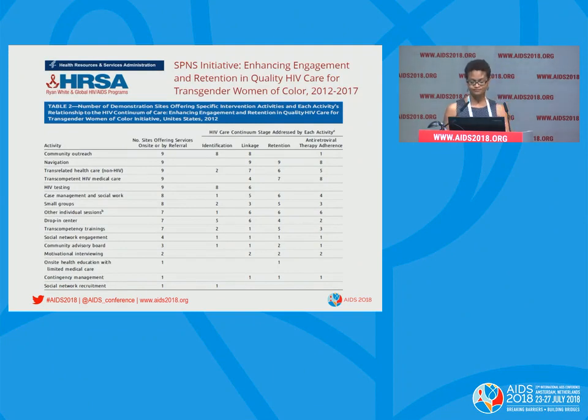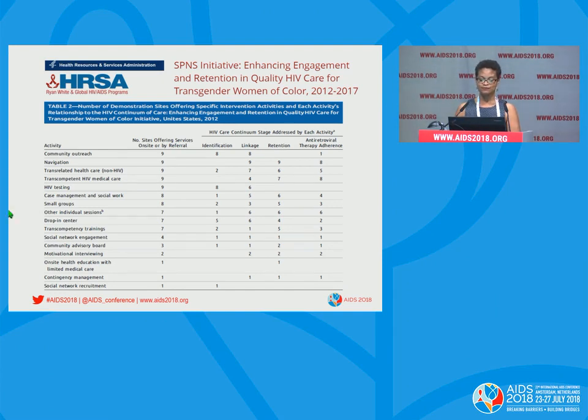So this is a slide that describes an initiative by the Health Resources and Services Administration of the U.S. federal government that took place between 2012 and 2017. They provided funding to 9 community health centers and community organizations around the United States to implement multi-component interventions to improve engagement of transgender women of color in HIV care, transgender women of color living with HIV.